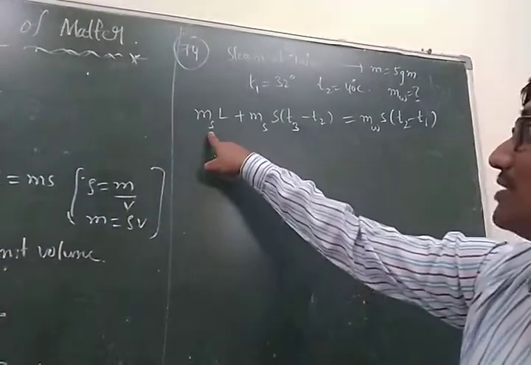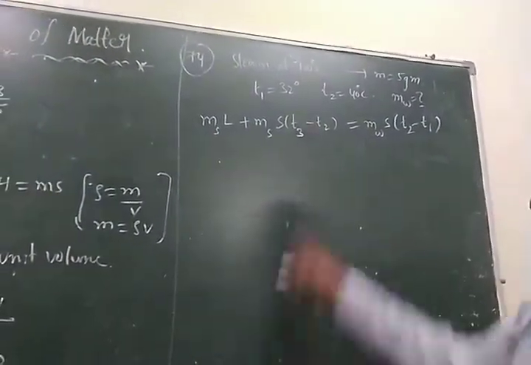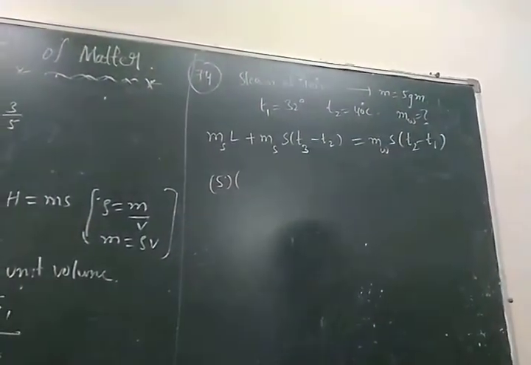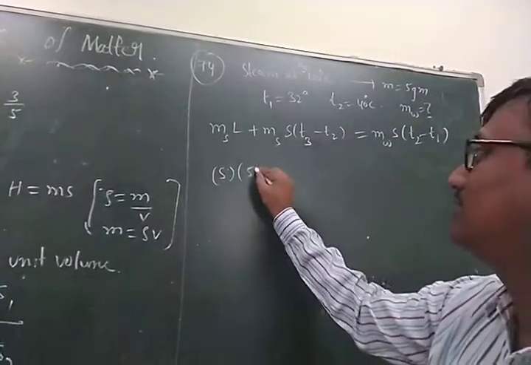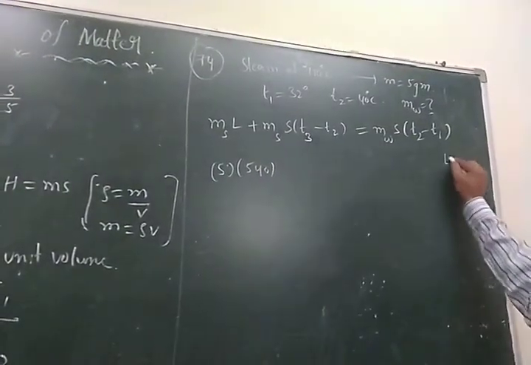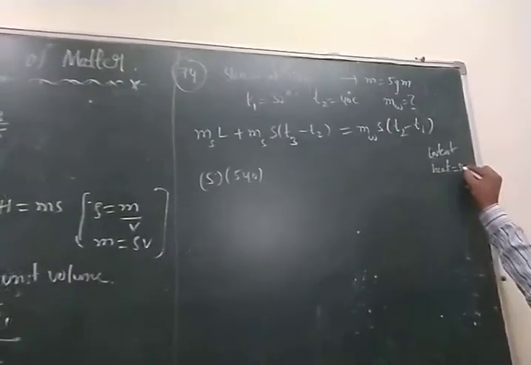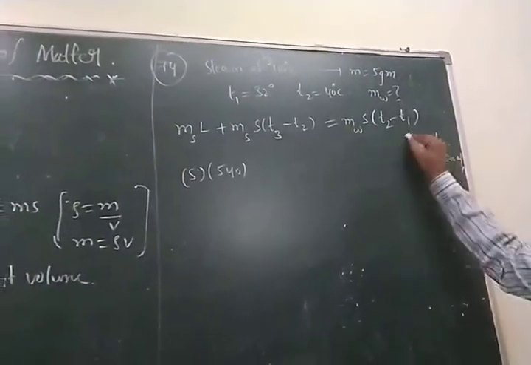Now we can find the value. The mass of the steam is 5, and the latent heat is a constant value, 540 calorie per gram.